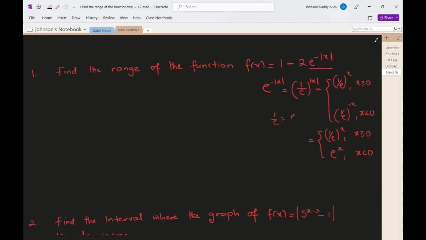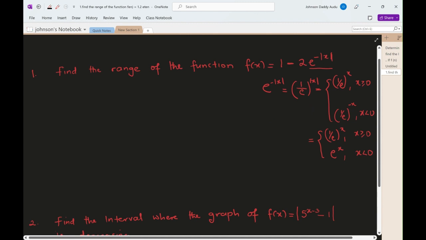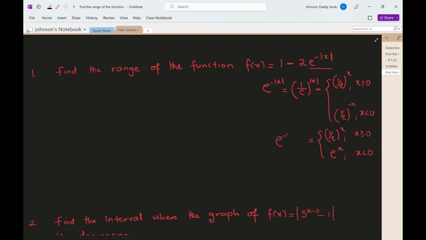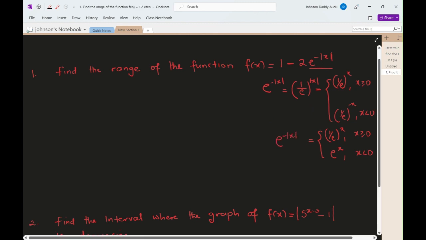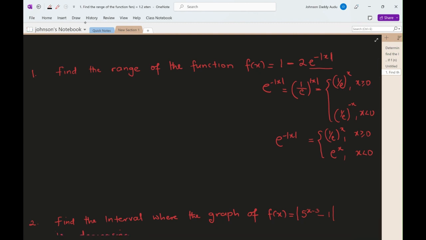Don't forget, 1 over e is the same thing as e to the power minus 1, and then you have to the power minus x. So minus 1 minus x becomes e to the power x.